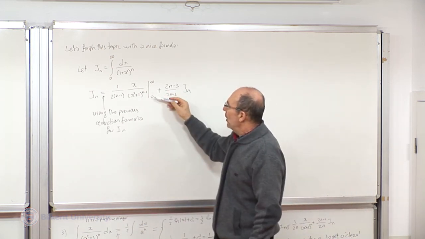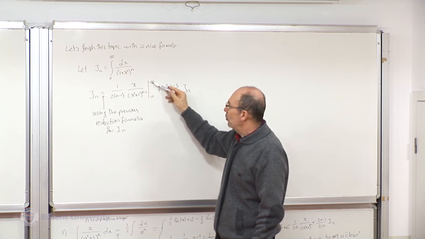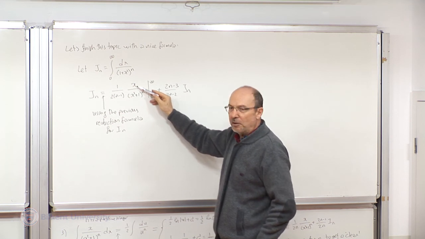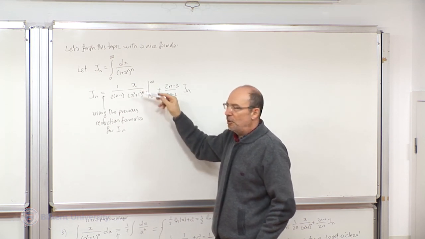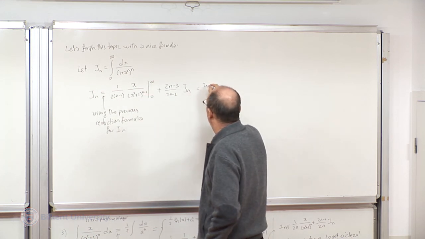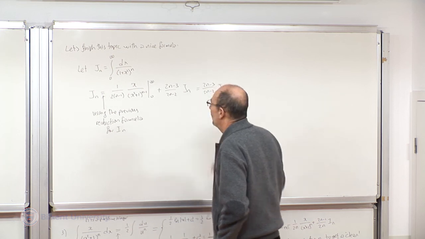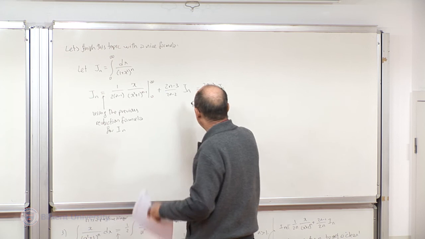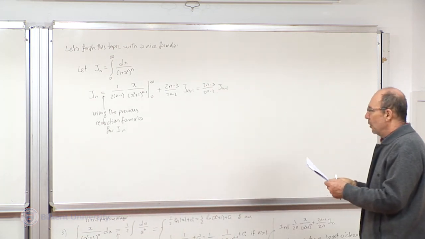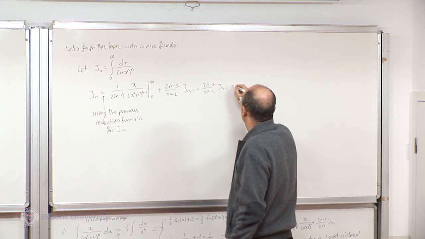When x is equal to 0, because of this, we get 0. When x goes to infinity, because the degree of the denominator is larger than the degree of the numerator, the limit is 0. So this part does not contribute anything, and I end up having 2n minus 3 over 2n minus 2 J_(n minus 1). Well, since I know that formula, now repeat.